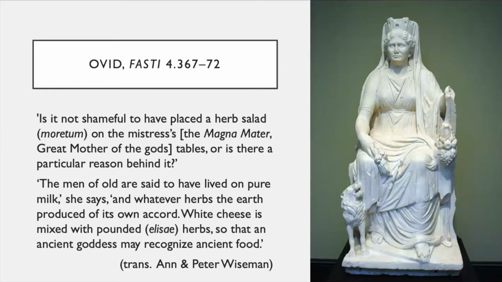Now, this simple offering stands in contrast to a description about 20 lines earlier of elite food. There are feasts that happen at the Megalensia, and these are so-called mutationes. They're kind of changing places, and they celebrate, apparently, the god's change of residence from Asia Minor to become assimilated by Rome.